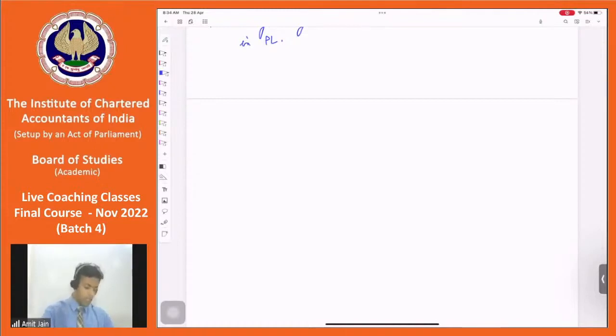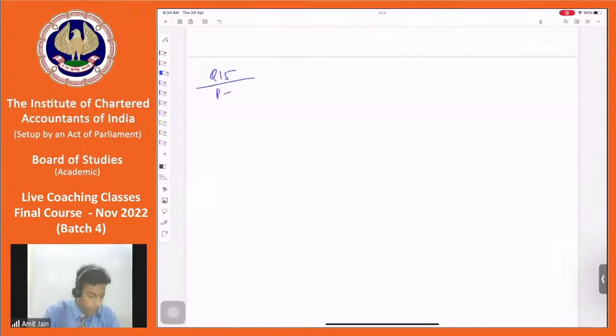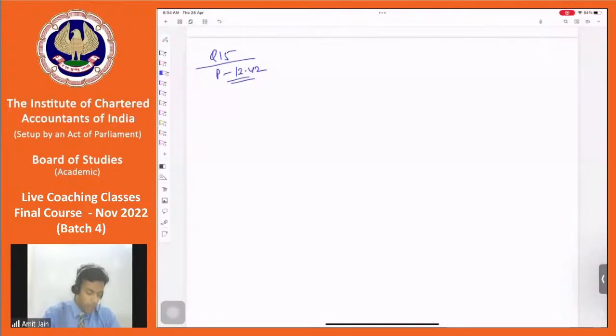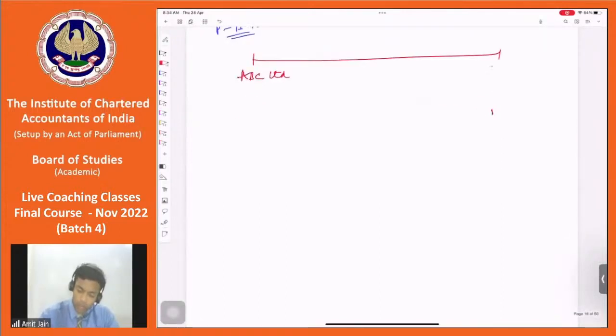Okay, let's take quickly two examples, which is question number 15 on indemnification assets. Question number 15, page number 13.42. Right, what is the question? ABC Limited acquired a beverage company PQR Limited. So ABC is acquiring PQR, correct, from XYZ Limited.